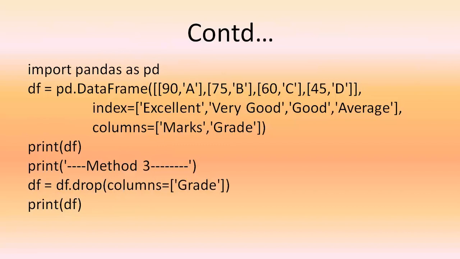This is our third method. In the third method you can use the drop function with columns equal to the column name. There is only a slight difference; the thing is the same. You want to delete a particular column, and you can do it using one of three methods.